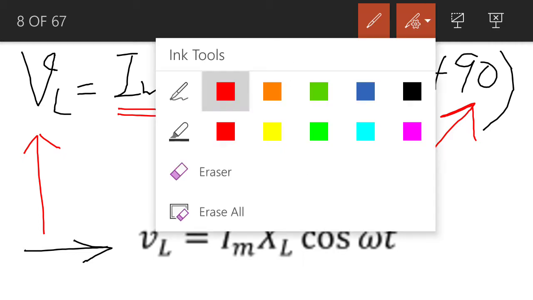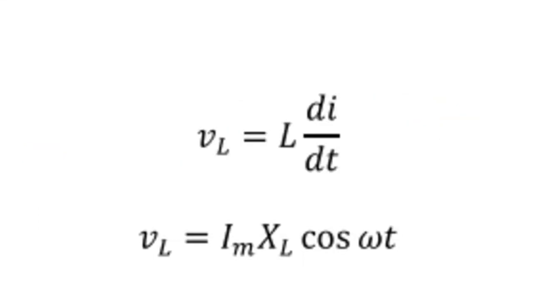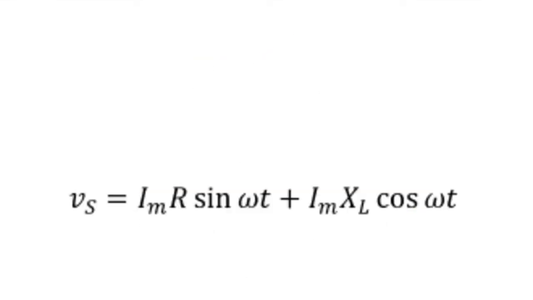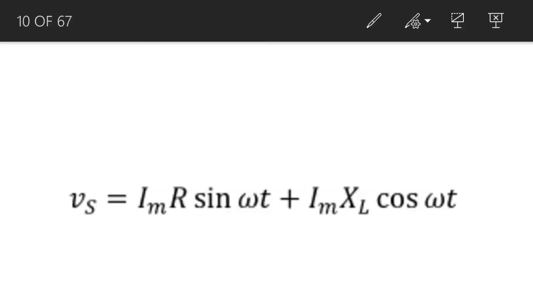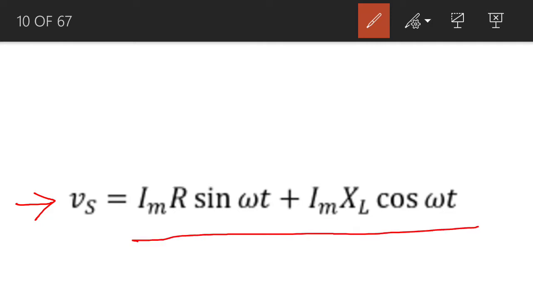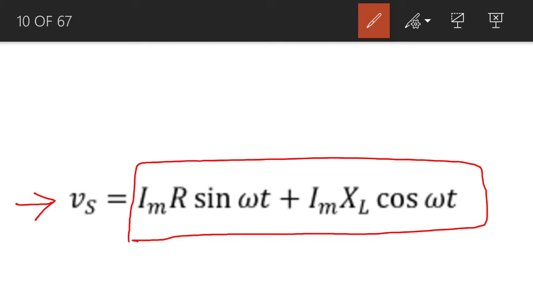So now if we consider the equation for the source voltage, which is an AC voltage, so here is the instantaneous equation for the AC voltage. We can find out the instantaneous value of the AC voltage with the help of this equation at any point of time.